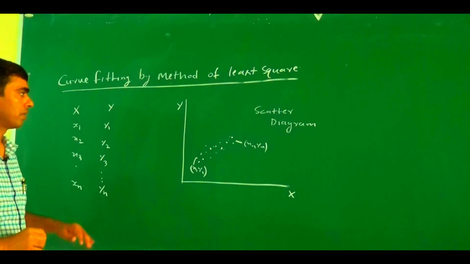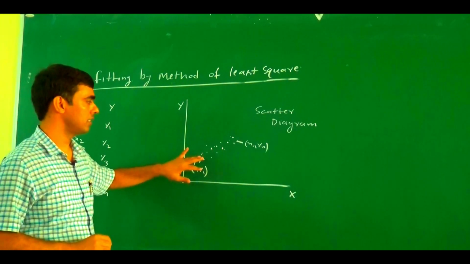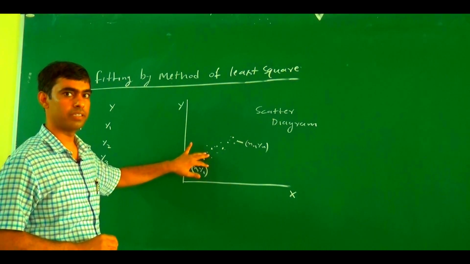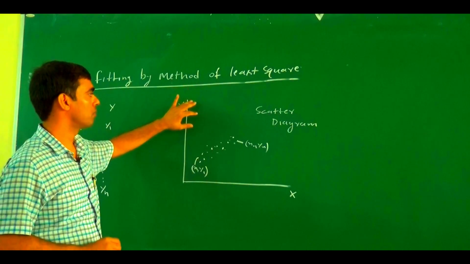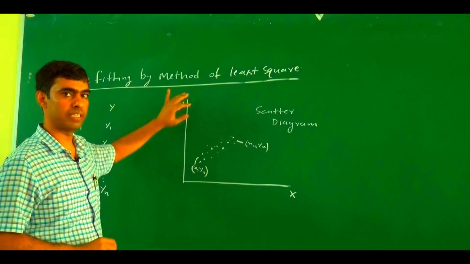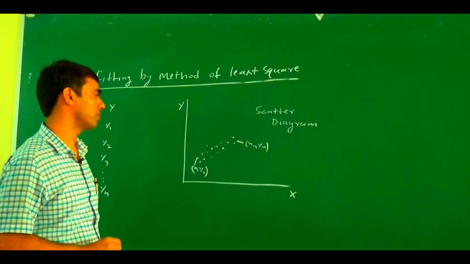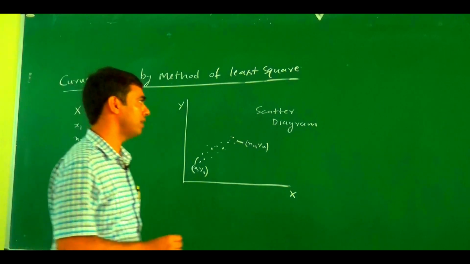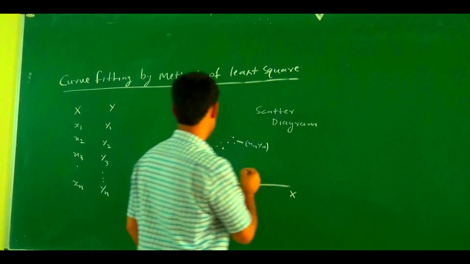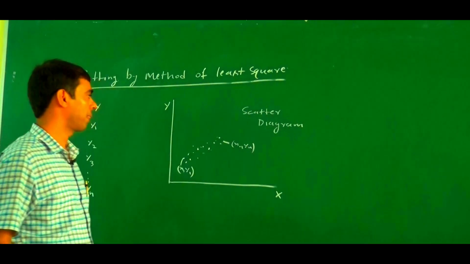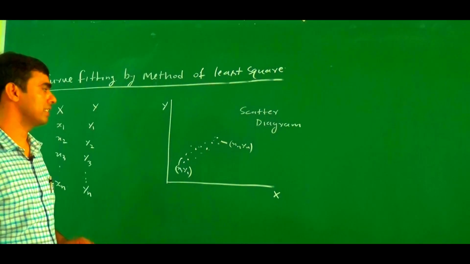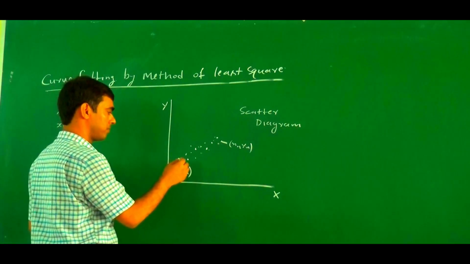Now, whatever curve we try to fit, either a straight line or a polynomial of degree 2, polynomial of degree 3, or any other form of curve. Suppose we try to fit a straight line. How many straight lines are possible that satisfy this set of data on average?